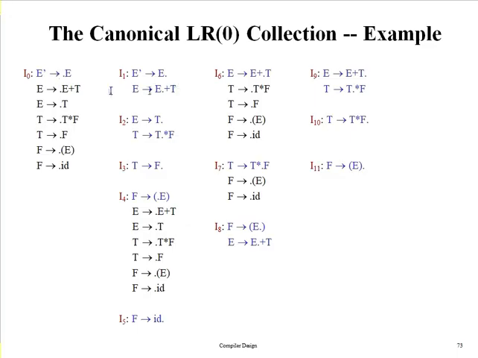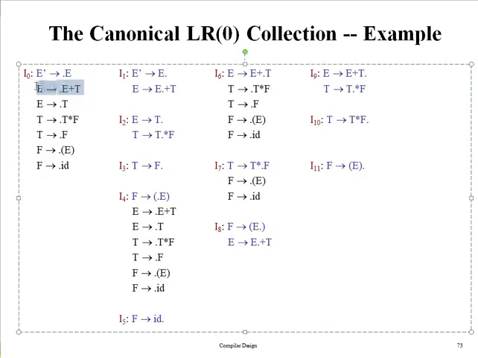When it is added to I1, the dot position should be changed, and similarly E derives dot E plus T should be placed as E derives E dot plus T. Then I2 again can be derived from I0, because we just considered only the first two to generate I1.